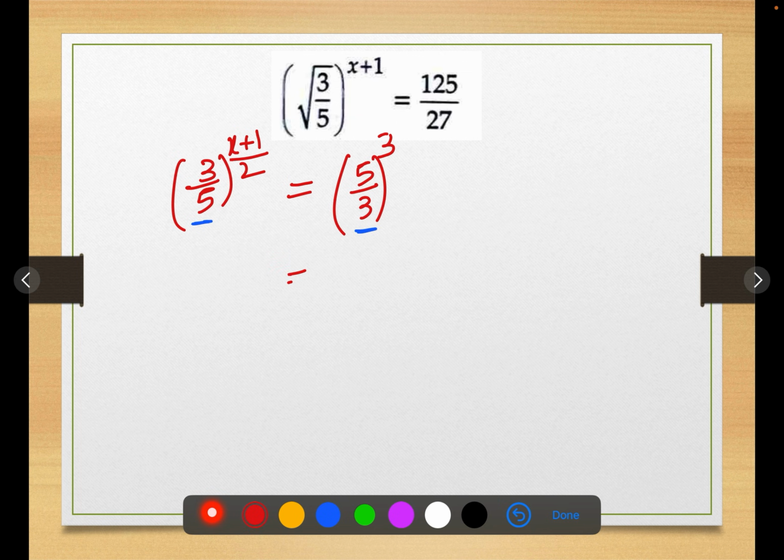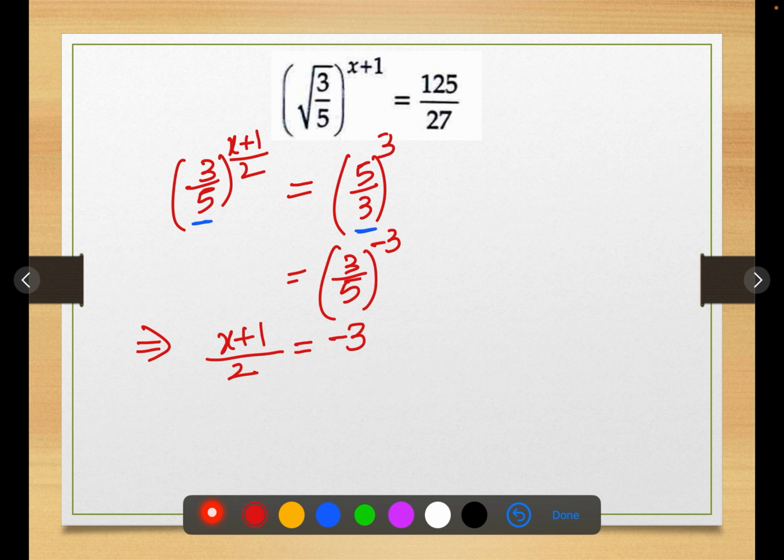So what I'll do is make it 3 upon 5 and the power turns negative. The power turns negative when we reciprocate the base. So that implies x plus 1 upon 2 is equal to minus 3. x plus 1 is equal to minus 6 and x is equal to minus 7 as the answer.